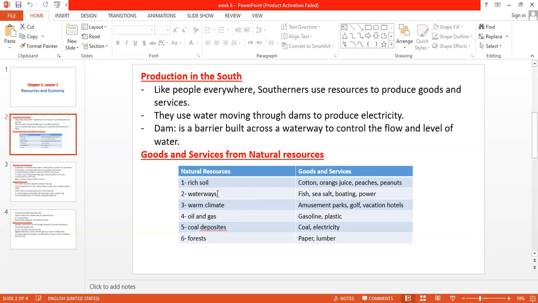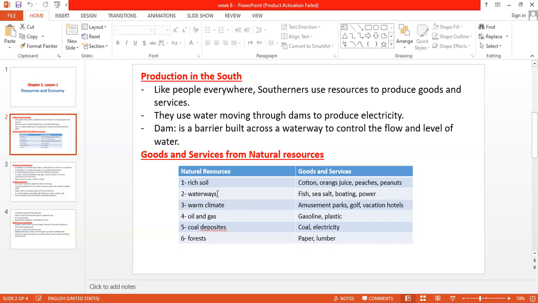Number two, waterways. By waterways, I mean if the South has a river or ocean or sea or canal or any waterway. You know that the South has the Atlantic Ocean and also the Gulf of Mexico.